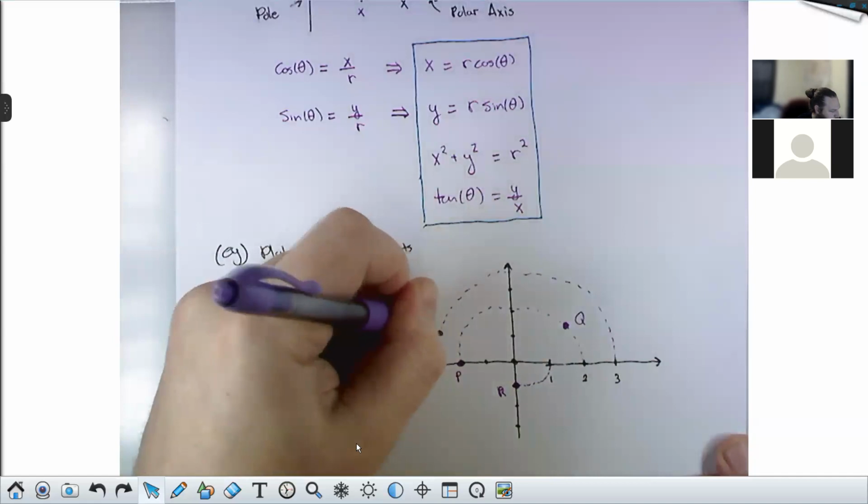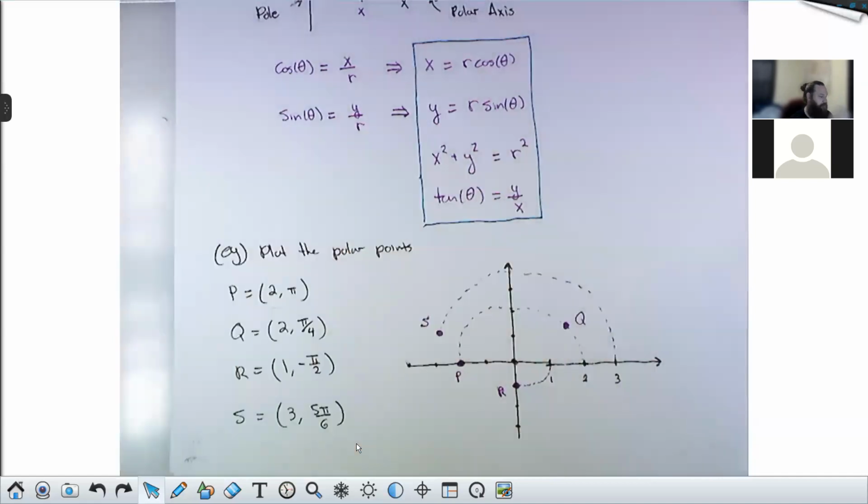This is the polar point S. And you may have noticed something here. It's convenient to think of the polar system as a bunch of concentric circles, where you walk out to the correct circle and then rotate around on that circle some amount.